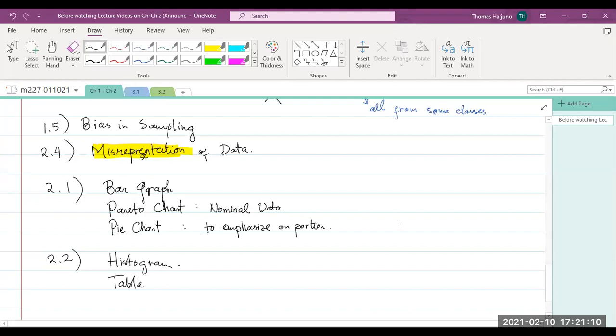And then in 2.3, there's another display, polygons, cumulative frequency, relative frequency.